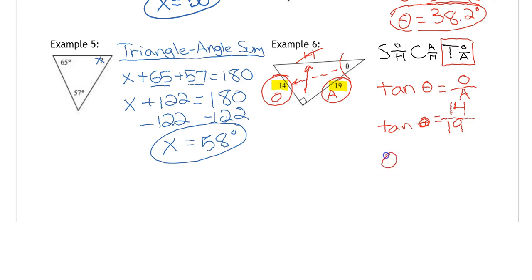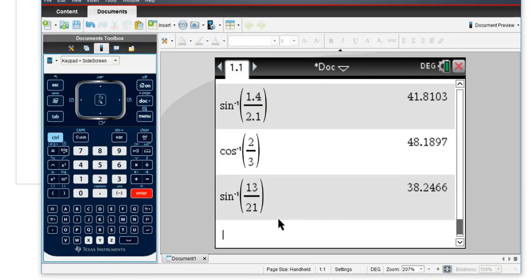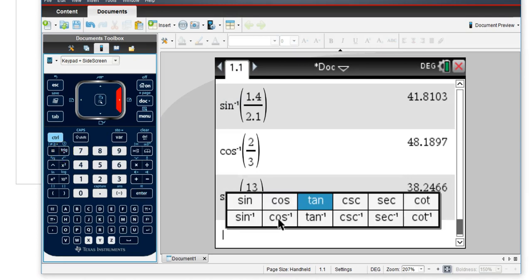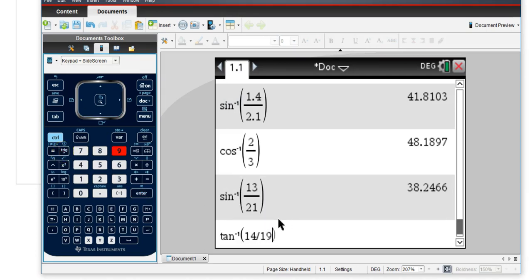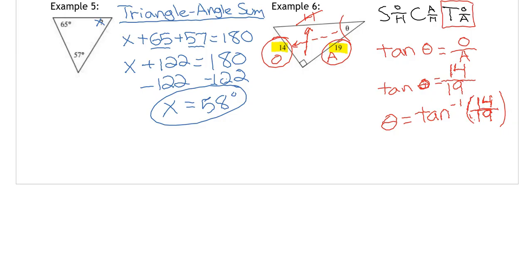So then to get rid of the tangent, theta equals the inverse tangent of 14 over 19. And then just typing that in our calculator, right, trig, we do inverse tangent of 14 divided by 19. And we get 36.4.